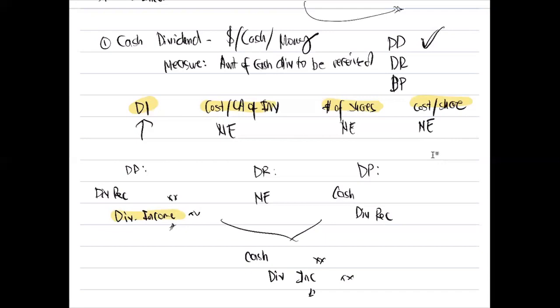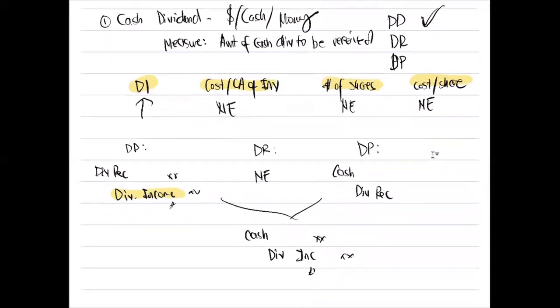Therefore, the number of shares, including the cost per share, will not decrease because what we receive here is cash which only increases our income. So again, please take note of the effect of a cash dividend. It will increase your dividend income, no effect on the cost or carrying amount of the investment, no effect on the number of shares, and no effect on the cost per share.